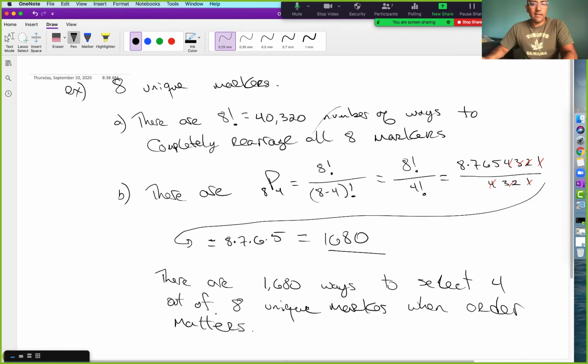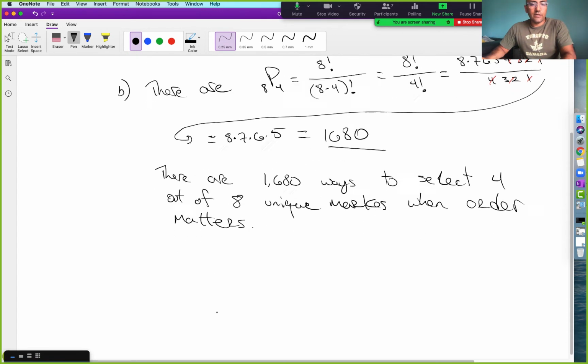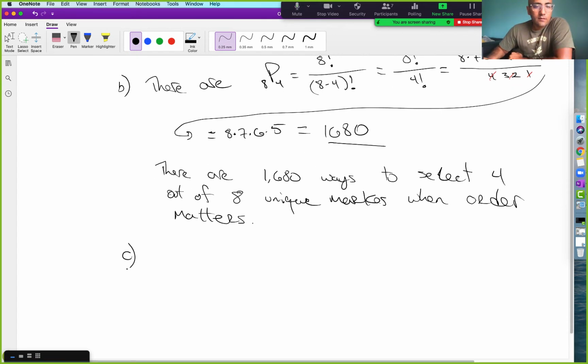And then finally, the last thing we looked at was this new thing, combinations. C, combinations. How many ways are there for me to choose 4 out of the 8 colors when the order doesn't matter? And that's what we call combinations. Combinations of 8 choose 4. Following the little formula we came up with, there should be 8 factorial over 8 minus 4 factorial.